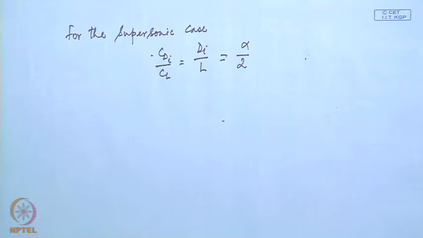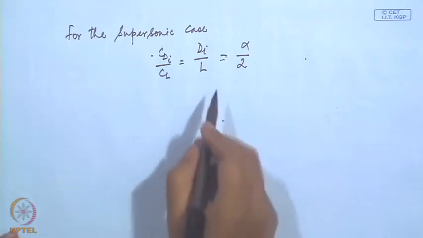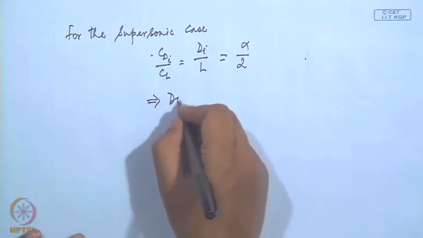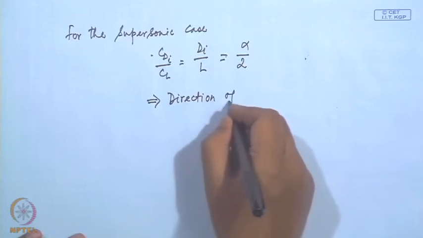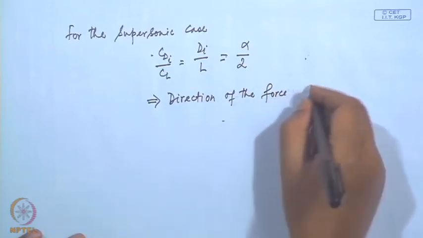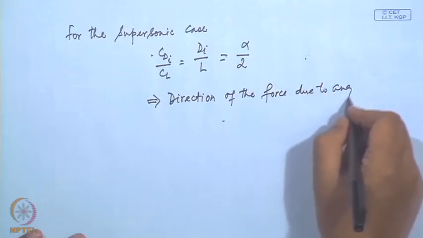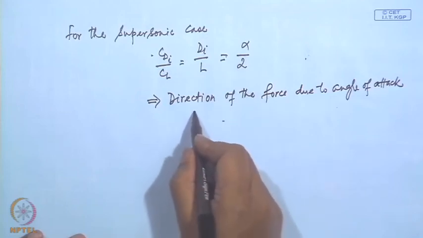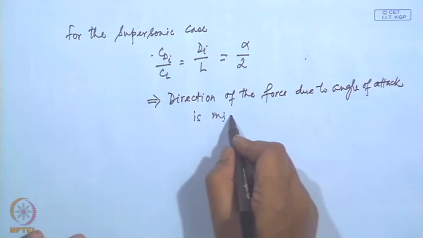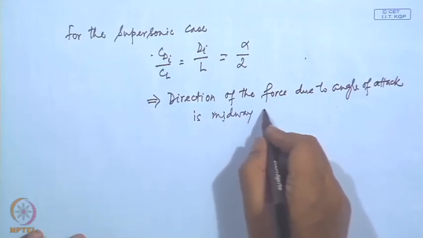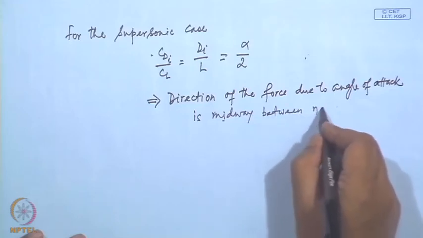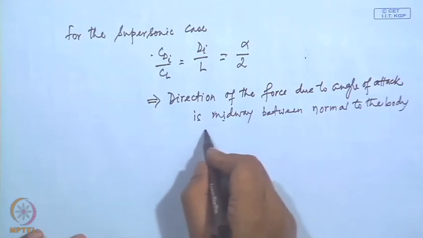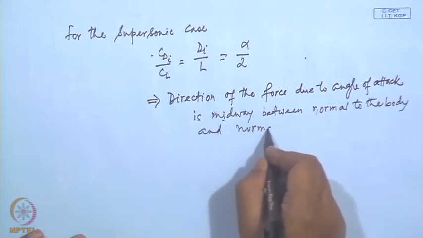So, that implies the direction of the force vector due to angle of attack is midway between the normal to the body and the normal to the flight path.